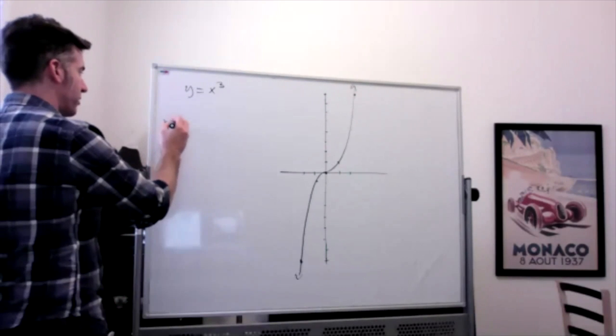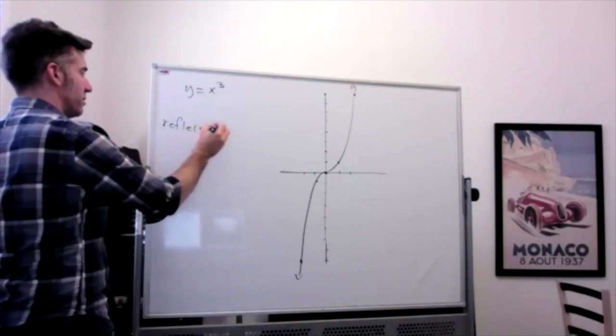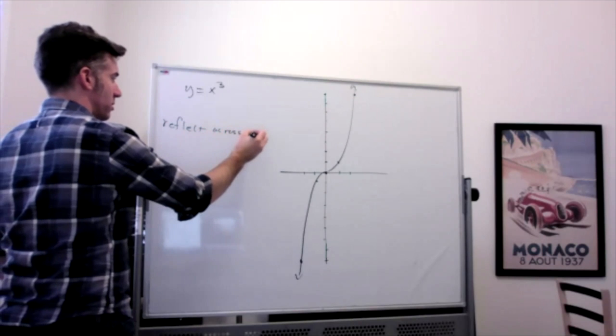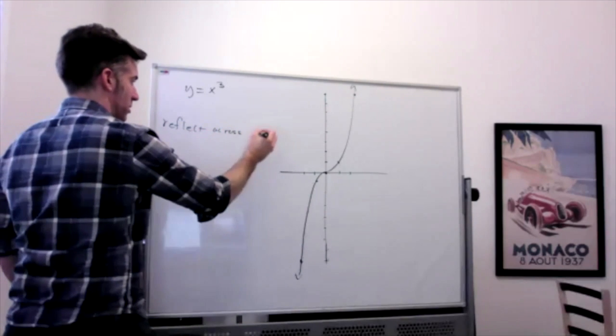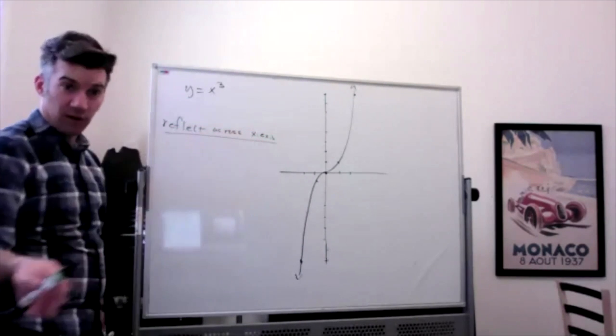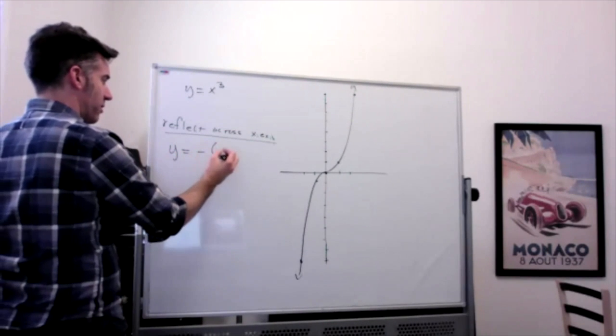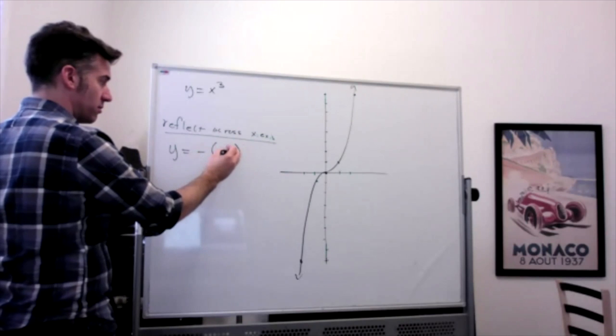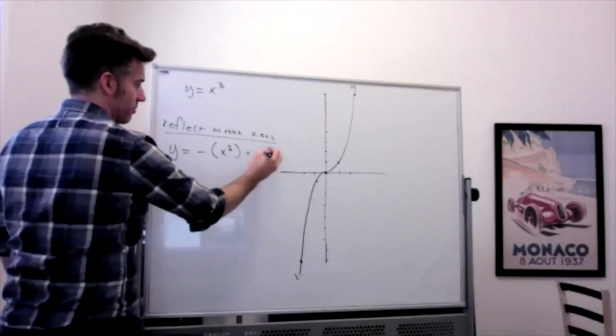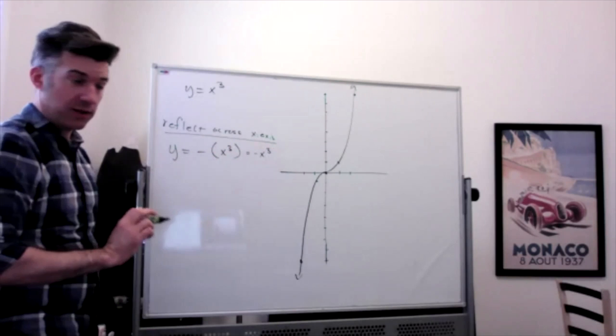So to reflect across the x-axis, we would do a negative in front of the function, which would mean we would have y equal to negative x cubed, which I'll graph in a second.